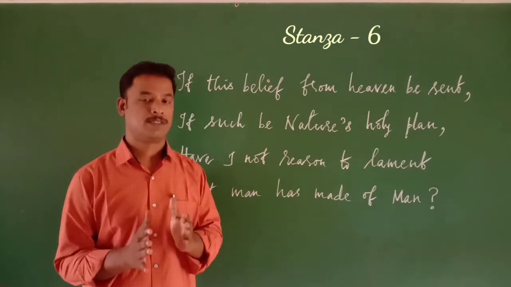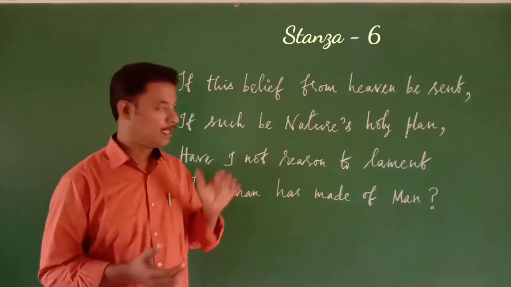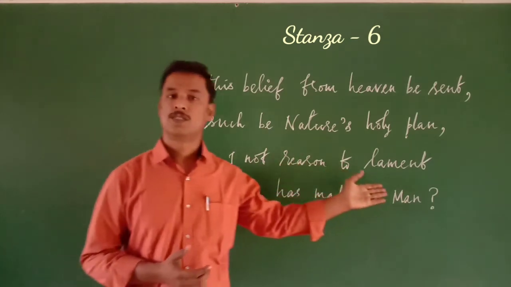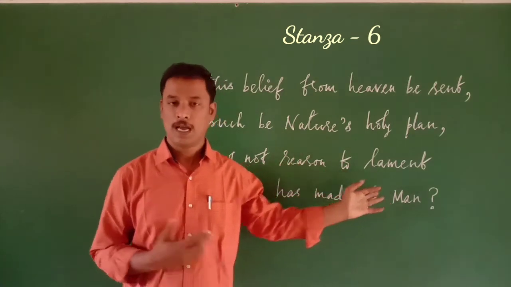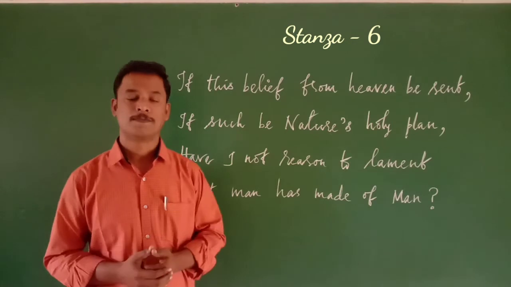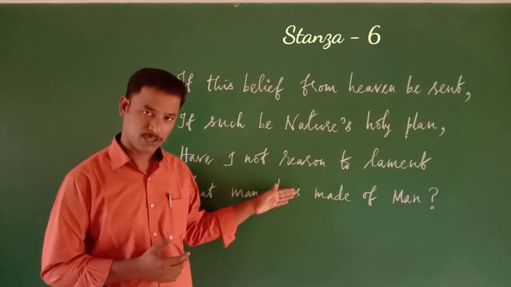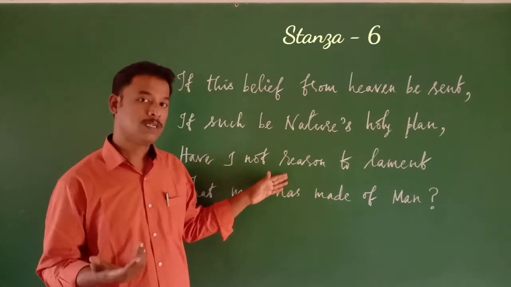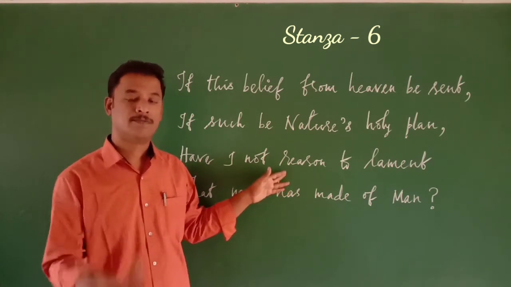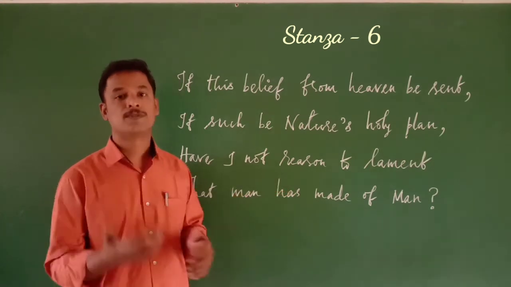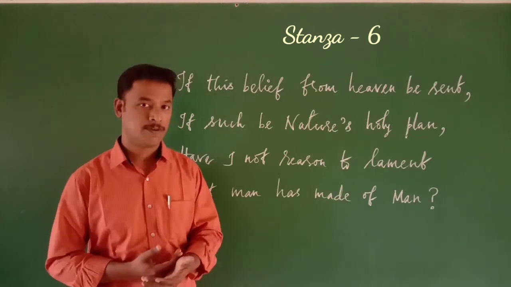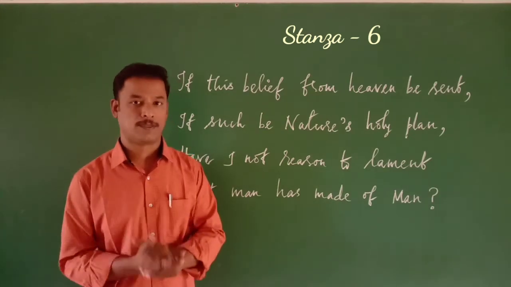That is why he mentions the term lament. Lament means feel sorry about something. And he questions that if this is heaven and this is the holy plan of nature, then what has man made of man, that is himself and his kind, separating from such joy?